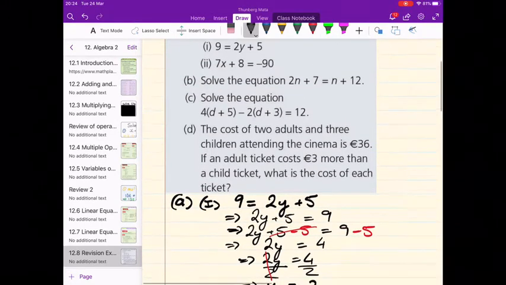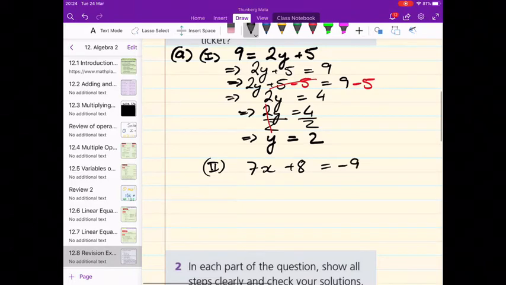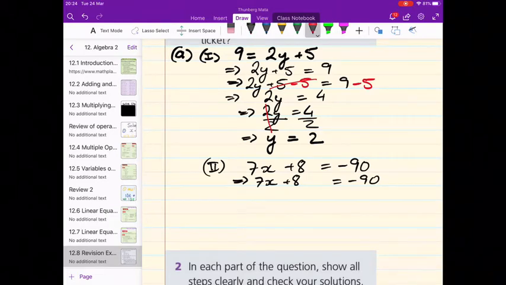So okay, then part 2 of the question was 7x plus 8 is equal to minus 90. So that's 7x plus 8 is equal to negative 90. Same as before, take my equation as it is. Well, I need numbers on one side, variables on the other.